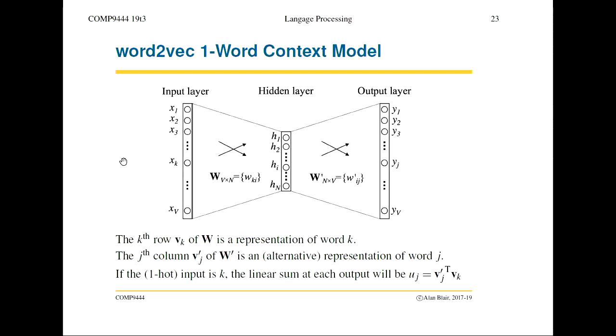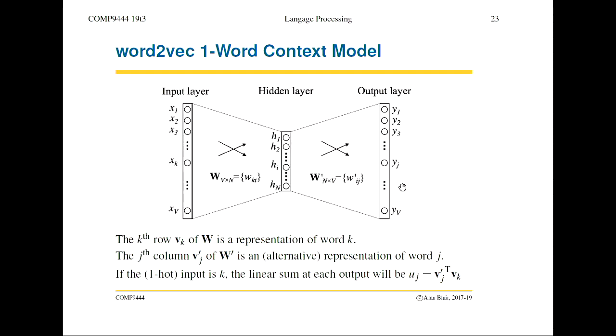And if you put in a word here, this is meant to be interpreted as a softmax probability distribution of what words are likely to occur near this word. So if the words crooked and house often occurred together, if you put house in here, then the probability of crooked should be fairly high, and if you put crooked in here, the probability of house should be fairly high.